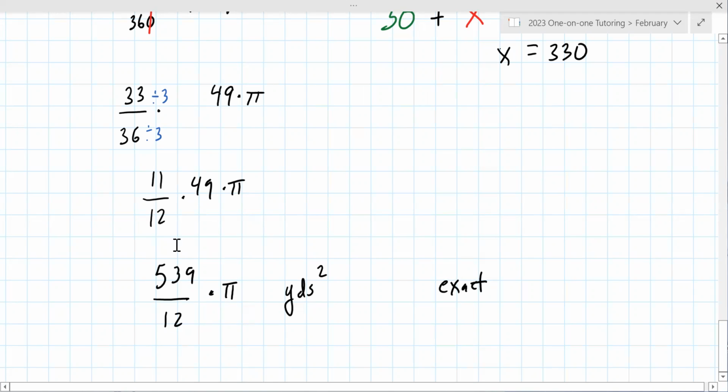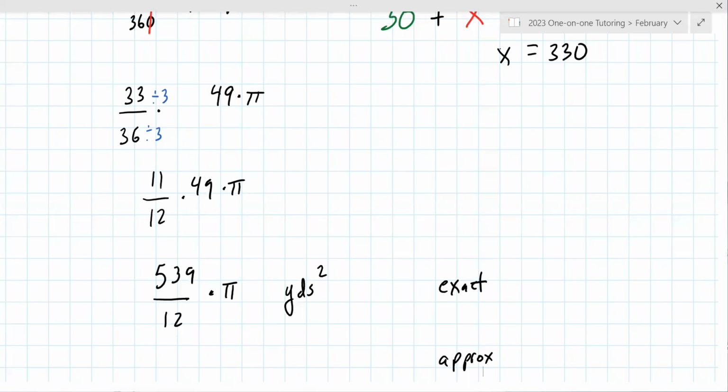So I want you to grab your calculator and tell me the approximation, which means you've got to use 3.14 for pi. 539 divided by 12.